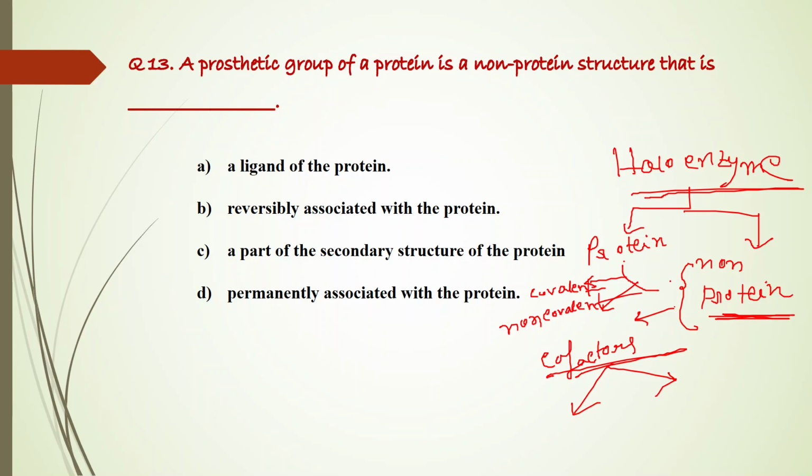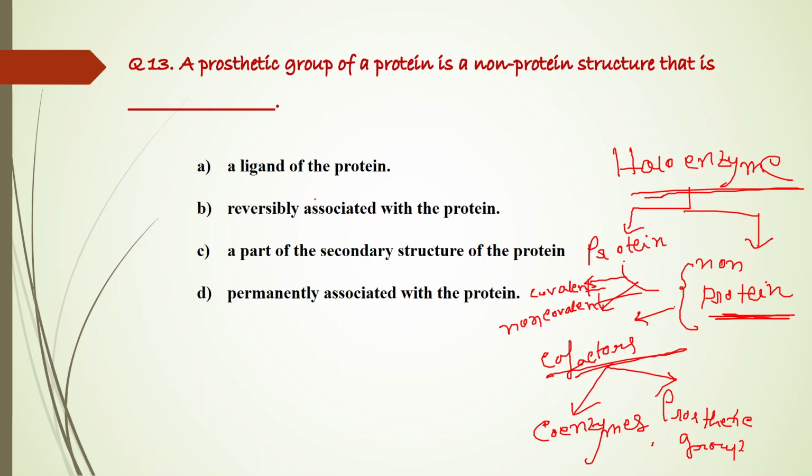If the interaction between the protein and the non-protein part is non-covalent, they are called coenzymes. If the interaction is covalent, they are called prosthetic groups. So what should be the correct option in our case?